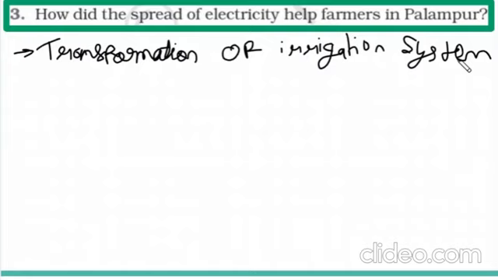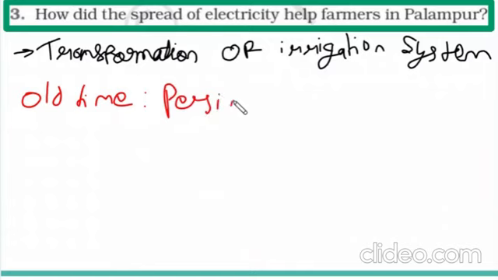If you remember, students, in the last video I taught you the topic, evolution of irrigation system in Palampur. So, firstly, in the olden times, the people in Palampur used the Persian wheel for the irrigation purpose.